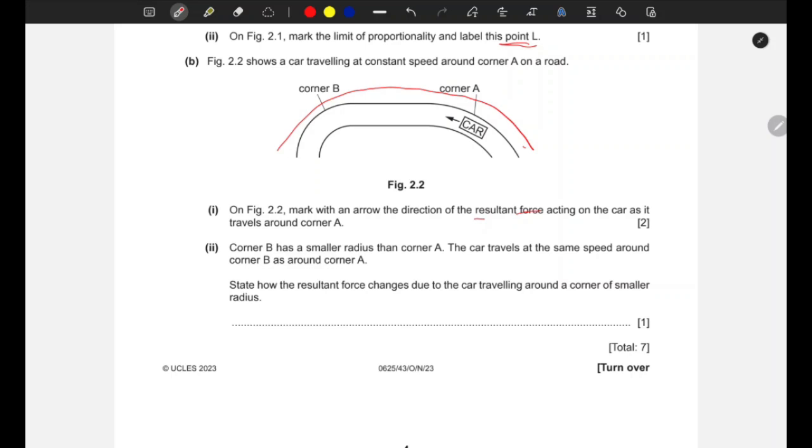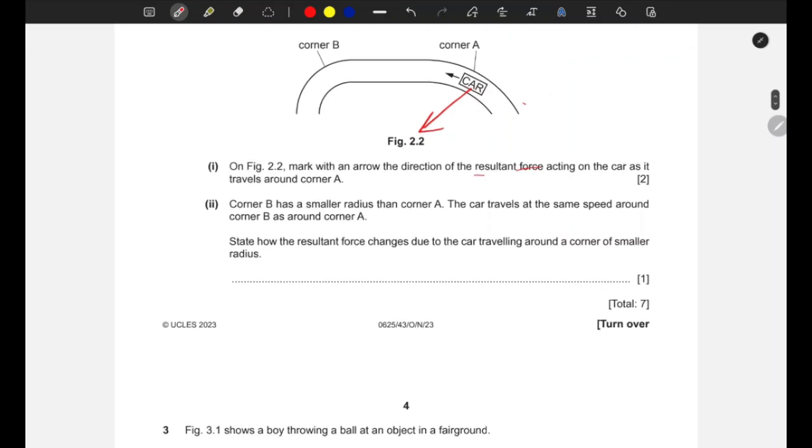It's turning. Whenever this happens, the resultant force is always going to be to the inside, towards the center of the circle shape. So if this is the circle shape, the resultant force would be to the center, this side. So we can remove the other stuff so it would be easier to see. So that would be the arrow, slightly to the center.